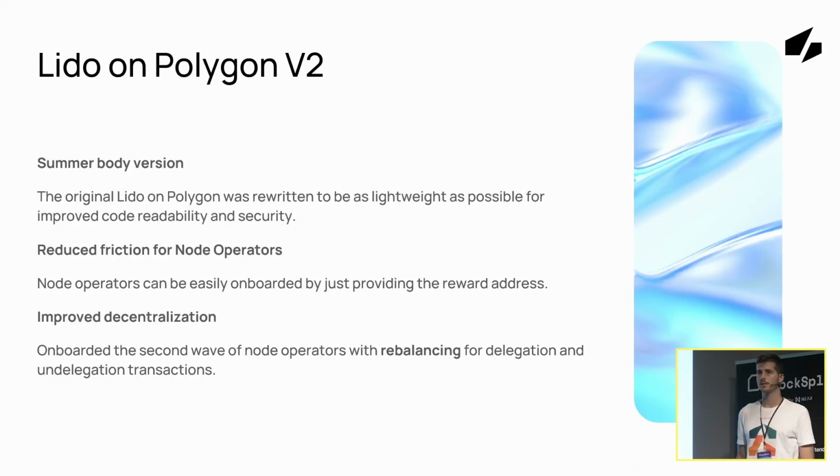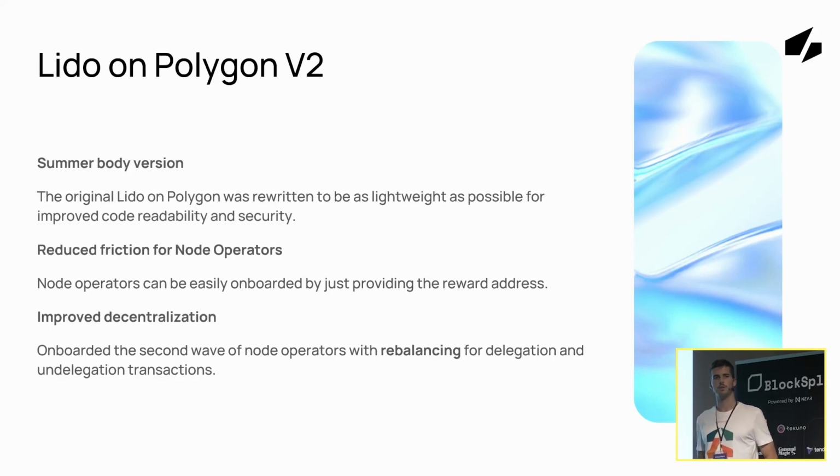For node operators, to be honest, there was a big friction for onboarding in version 1. They were required to actually move the ownership of their validator to the Lido smart contract. And not all of the node operators, not all of the validators were fine with that, which is understandable.